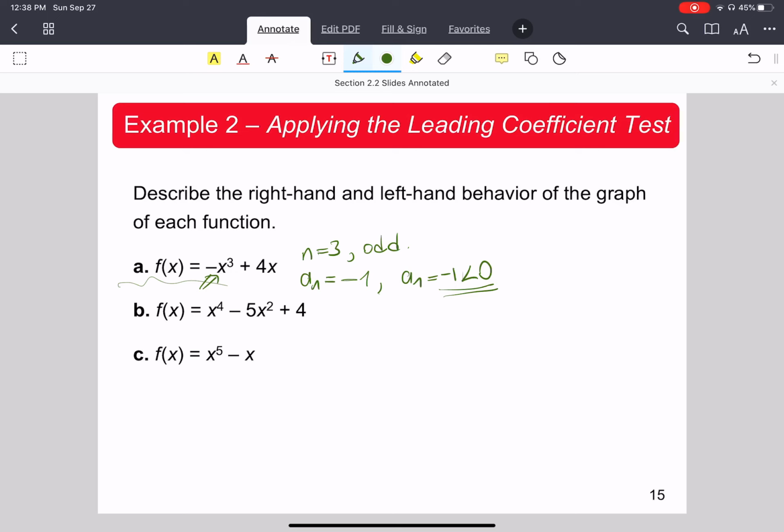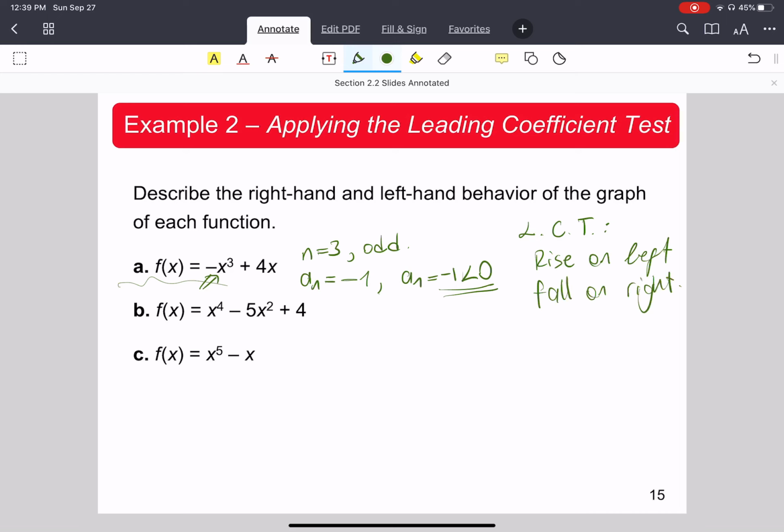So according to the leading coefficient test, if n, the degree, is odd, and the leading coefficient is negative, then it's going to rise on the left and fall on the right.